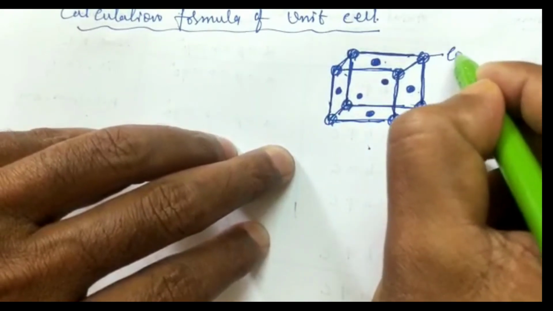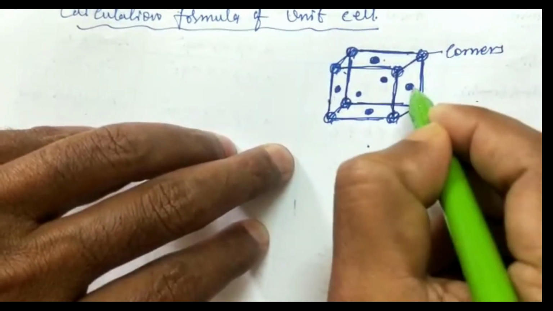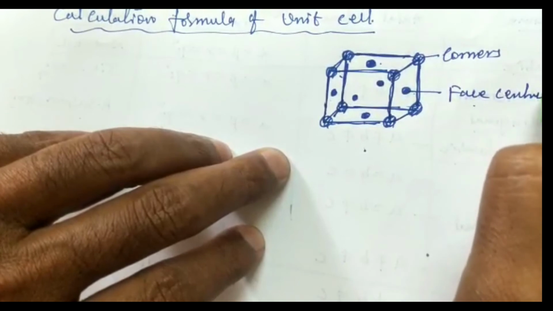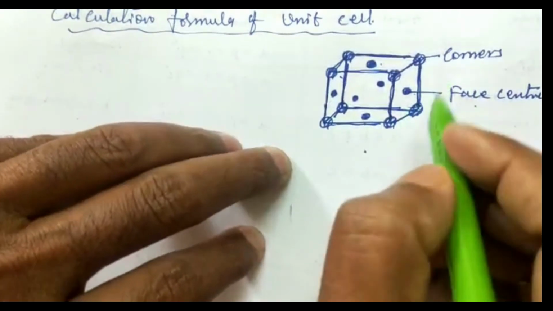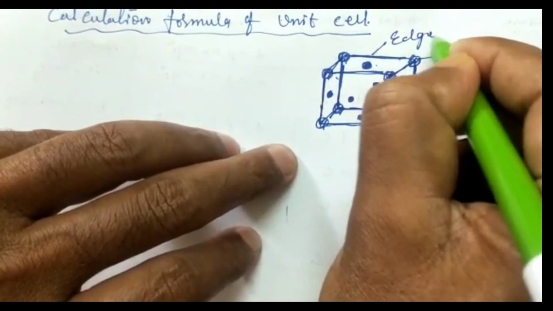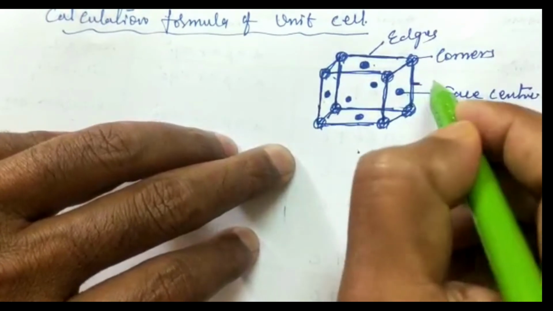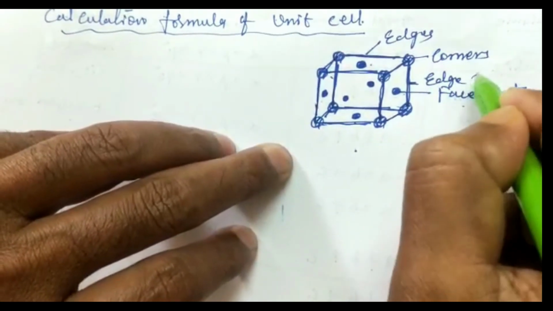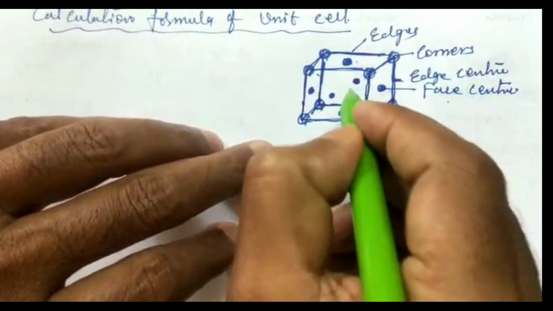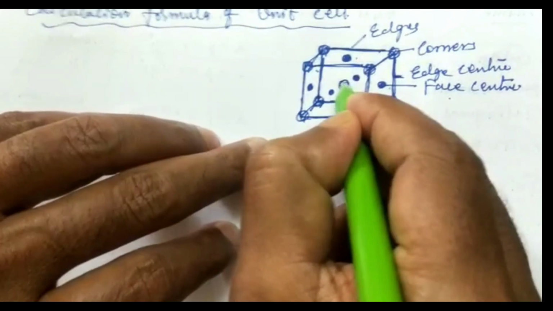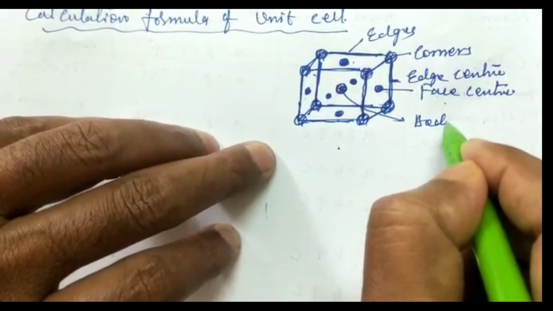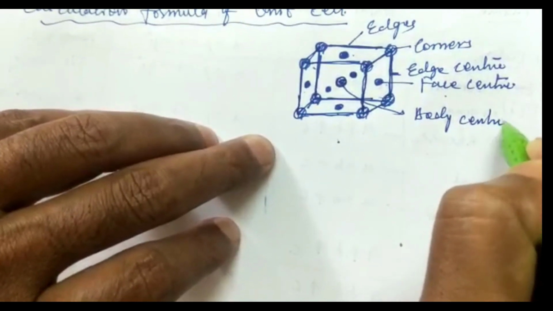These are edge centers. Now these are corners, face center, face center, and edges, and this is the edge center. This is a face center. Yes, this is the body center.